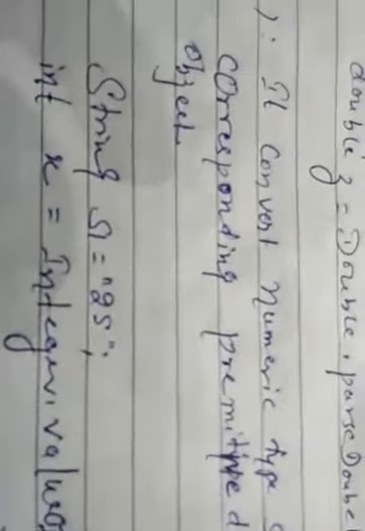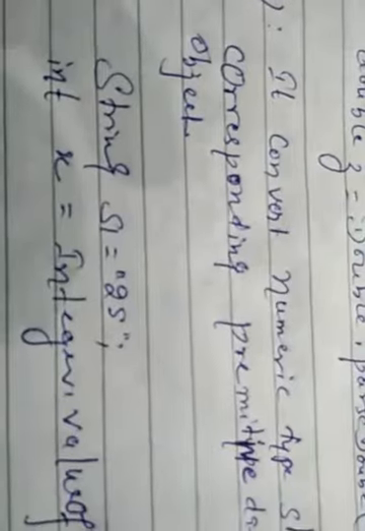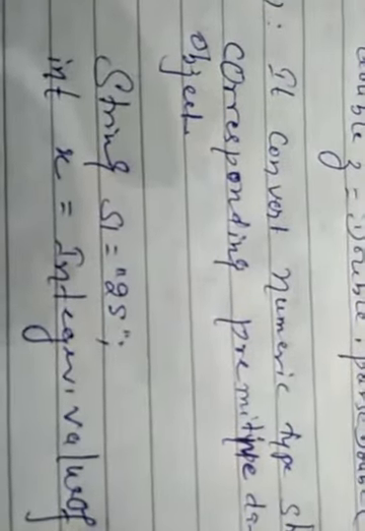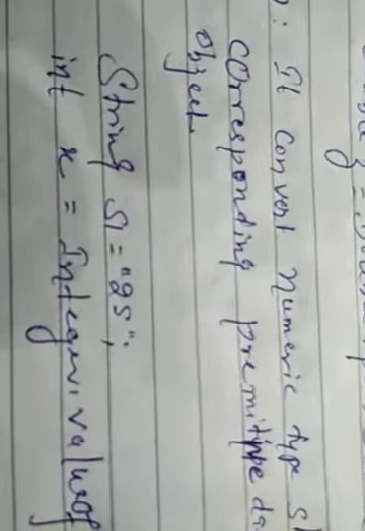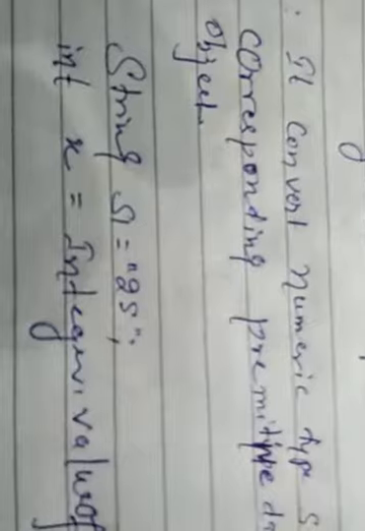The difference between parse and valueOf: parse is a keyword and valueOf is a function. The parse keyword is used to convert a value into a numeric data type, whereas in case of valueOf, the value will be converted into a numeric primitive type object.